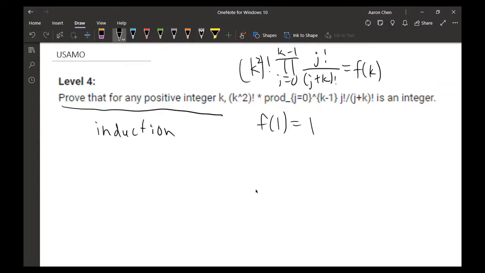So there's not much here. Also, in order for the induction to succeed, we'll eventually need the fact that f of 2 is also an integer. If we try it out, we can see that f of 2 is just equal to 2.